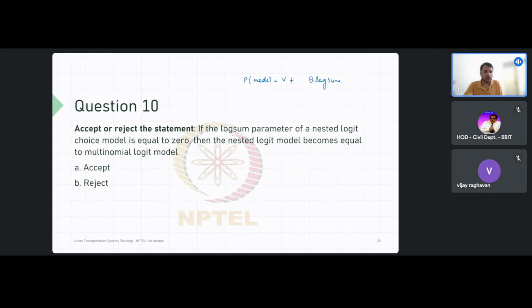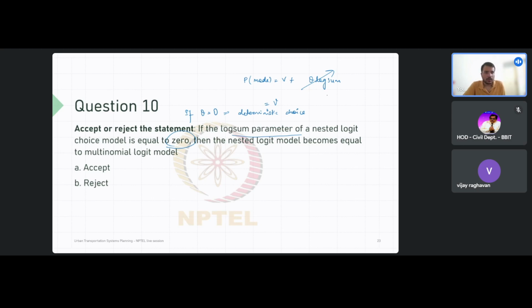So what we are saying is the log sum parameter is equal to 0. So we can remove this term. So it will simply become equal to V. So we can say that if theta is 0, it will become deterministic choice. And then we can apply any of the models, binomial or multinomial, depending upon how many choices we have.